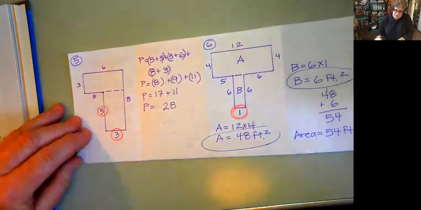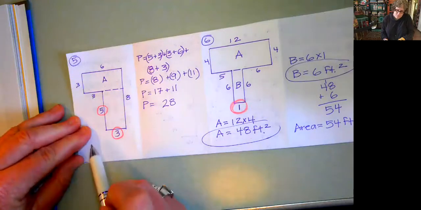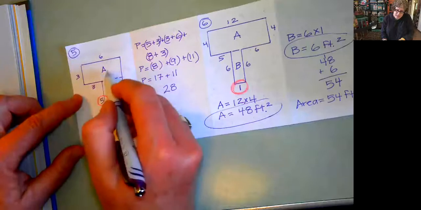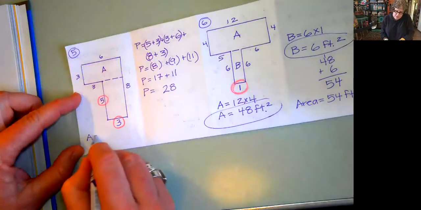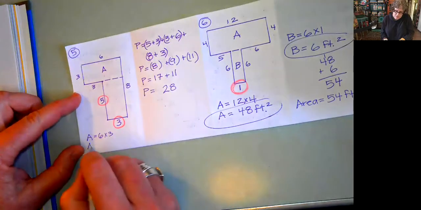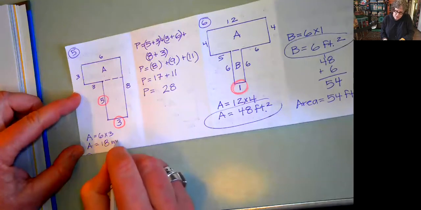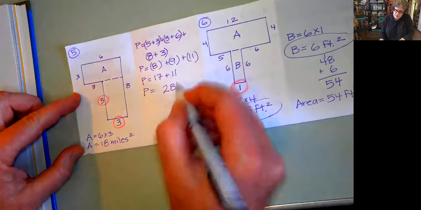If I know that this is 6 times 3, then I know that the area of this top one is going to be 18. So A equals 6 times 3. A equals 18. And we're measuring it in miles squared.